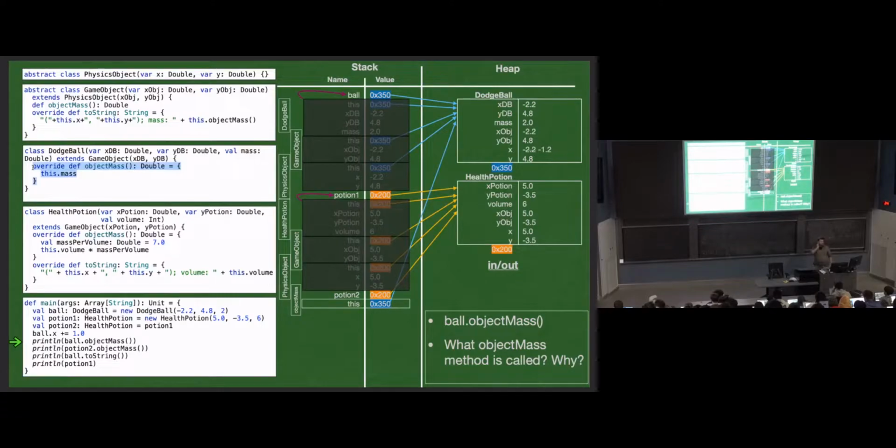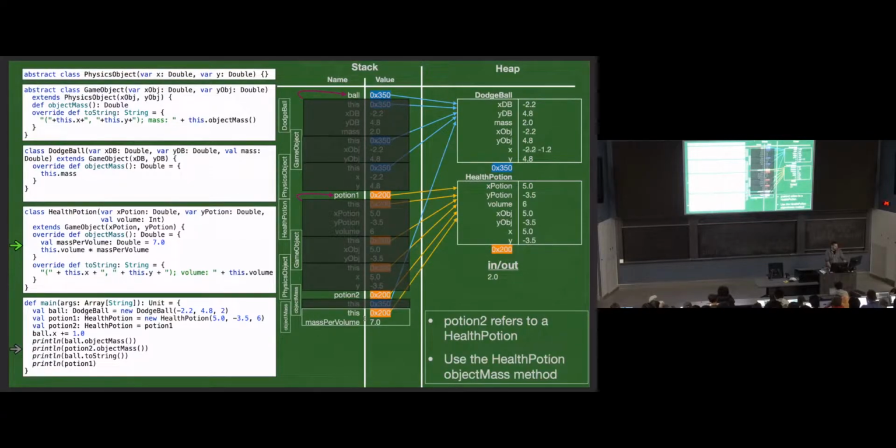We're going to call it, because the calling object, that object at 350, happens to be of type Dodgeball. We're basing what method is called based on the type of the calling object. Print 2 to the screen. This in the object mass stack frame, this.mass, 2.0.